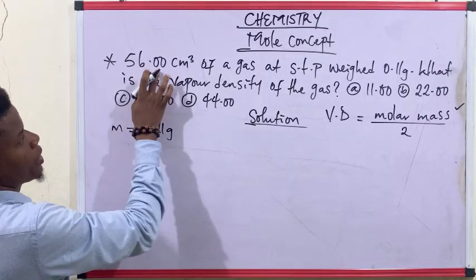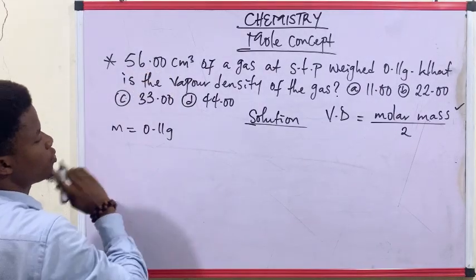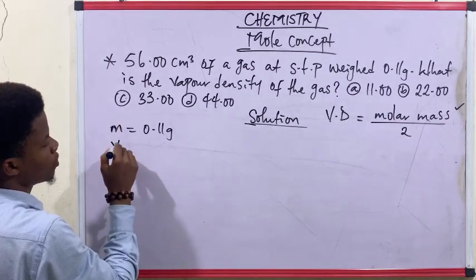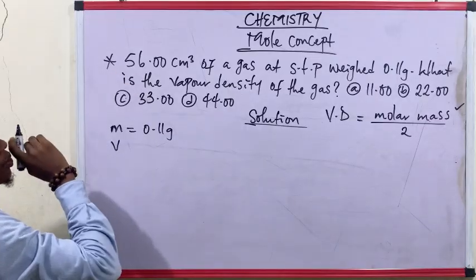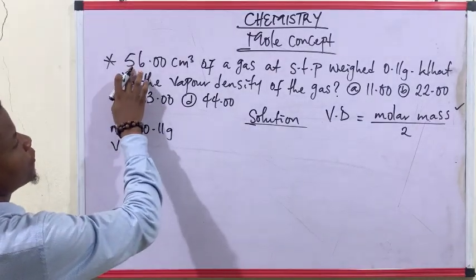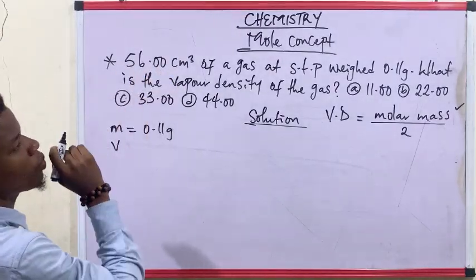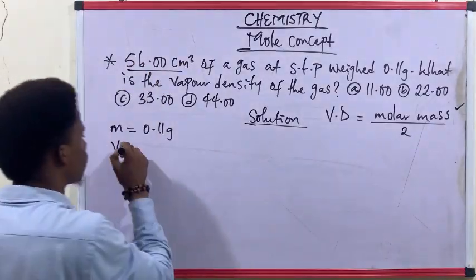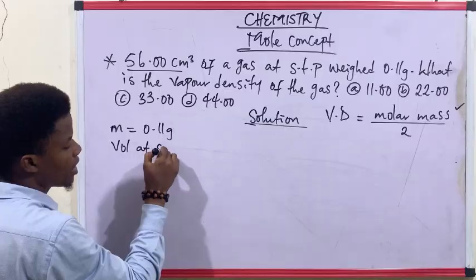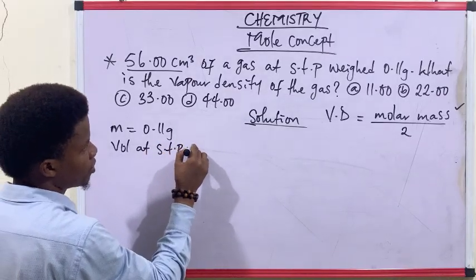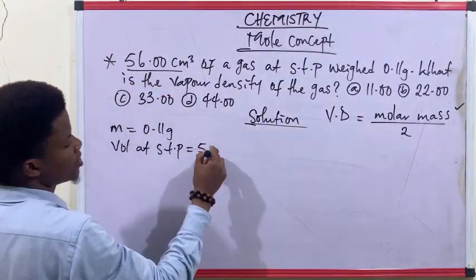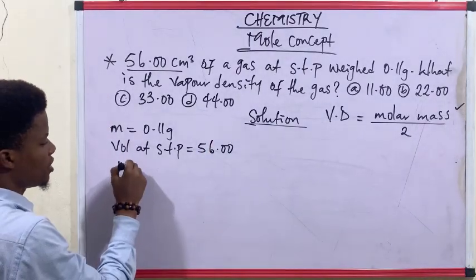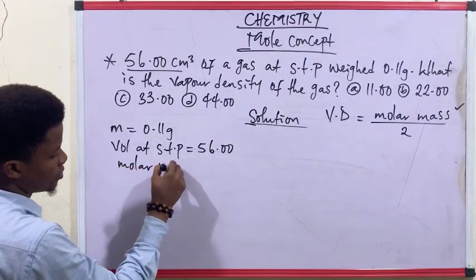Then we're given volume, V. But if we read through the question, it says 56.00 centimeter cube of a gas at STP. So this is the volume of the gas at STP. So volume at STP is equal to 56.00.